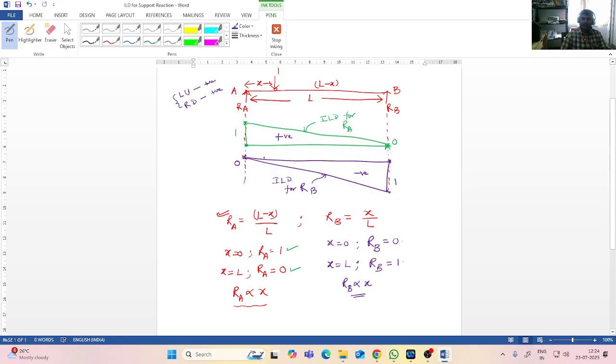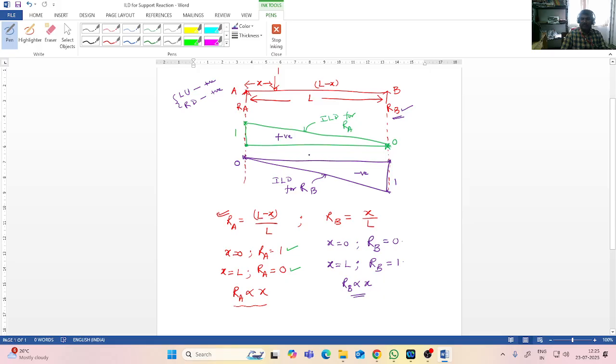And what you can infer from this ILD for RB is that the reaction at B values vary from 0 to 1. When the load is at A, the reaction at B is 0, meaning when the load is exactly on support A, the reaction at B will be 0. When the load reaches B, exactly over the support, the RB value becomes 1.